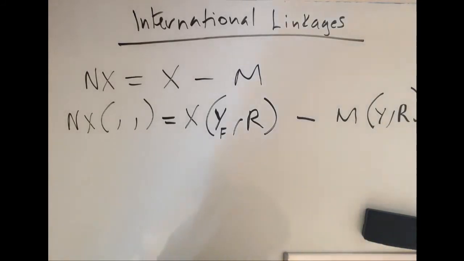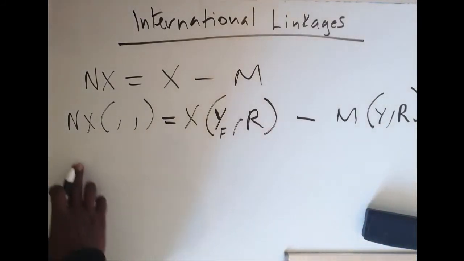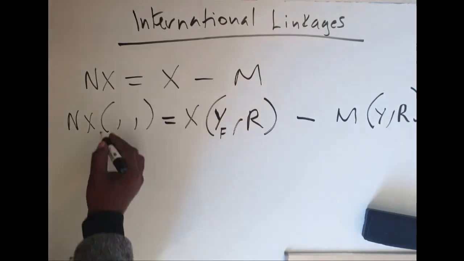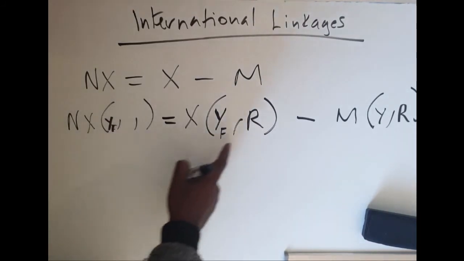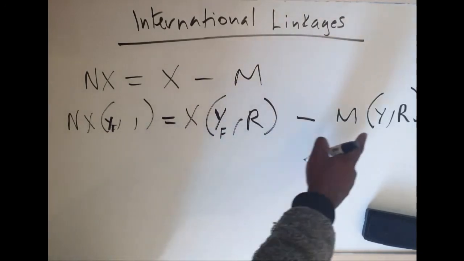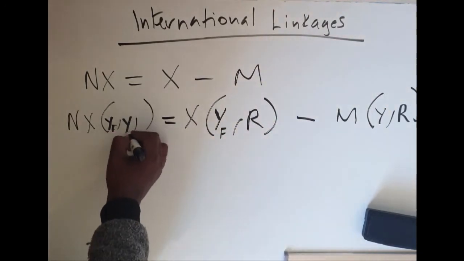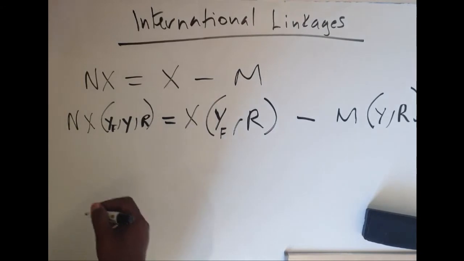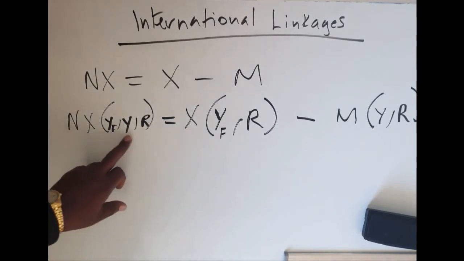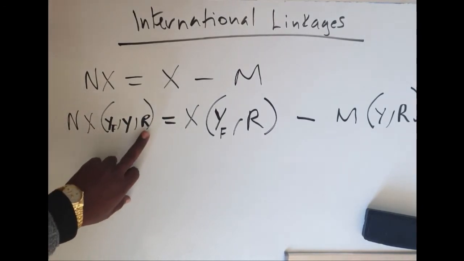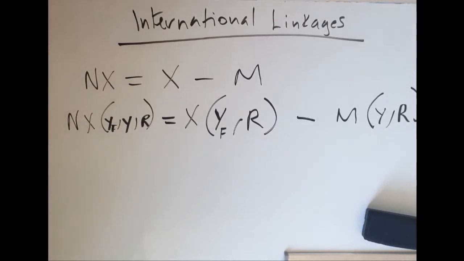So what are we seeing? The factors that affect net exports, or the trade position of a country, are foreign income, domestic income, and the real exchange rate.